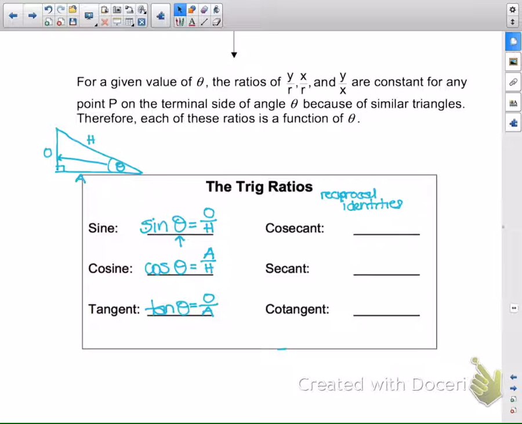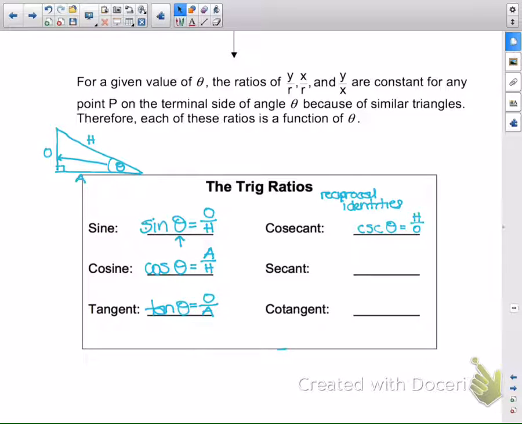So that means if I'm doing the cosecant of an angle, its abbreviation is CSC. Cosecant of an angle simply flips the sine, which means it's going to be equal to what? Hypotenuse over opposite. Good.